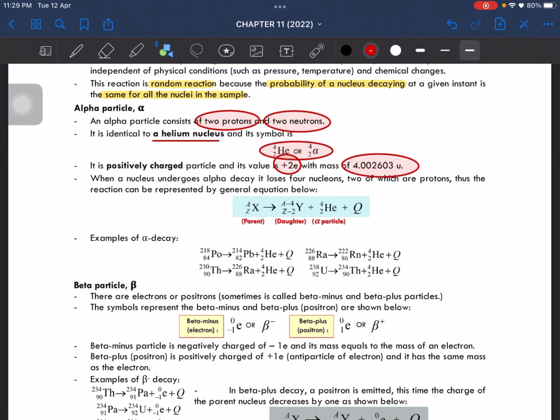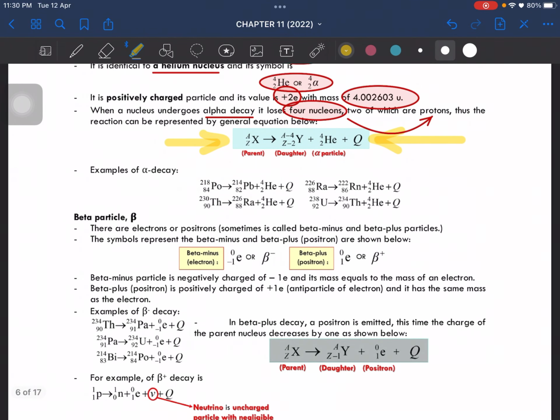When a nucleus undergoes an alpha decay, it loses 4 nucleons, 2 of which are protons. Thus, the reaction can be represented by this equation here. This is the alpha decay reaction.